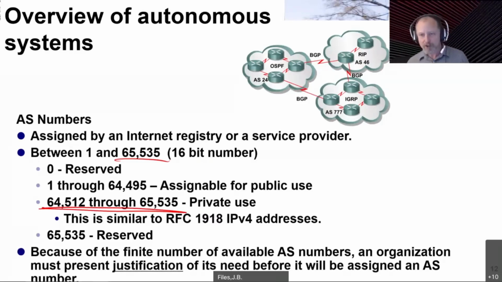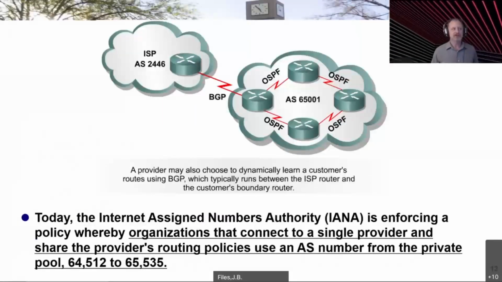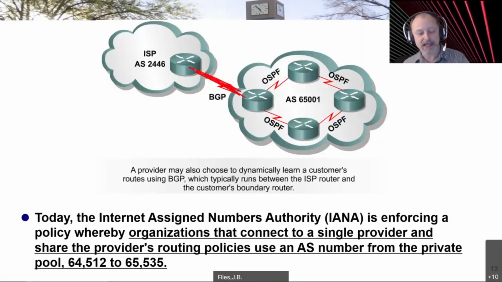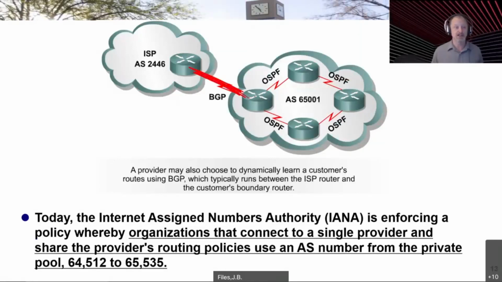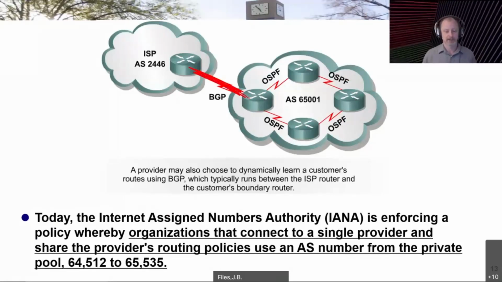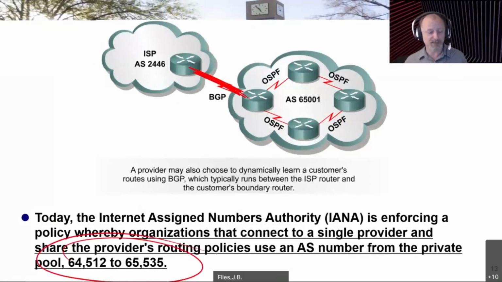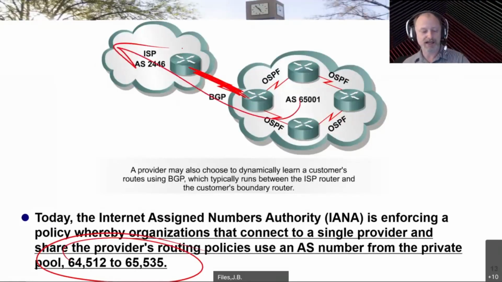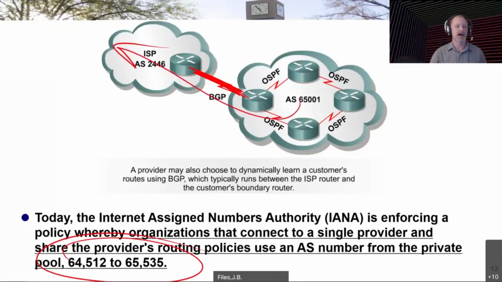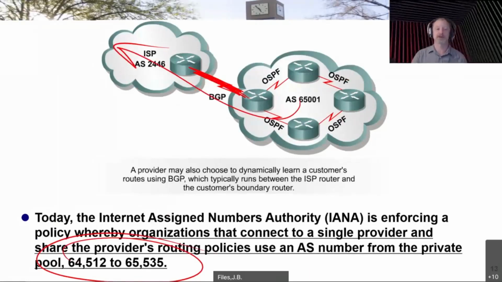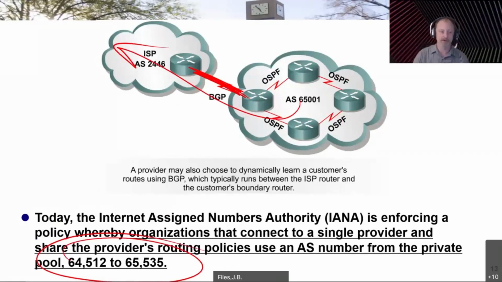If you only have a single ISP and you still want to use BGP, IANA is not going to give you one. You're just going to use the private range. And then when your stuff gets out to the ISP, you're just going to get aggregated into their autonomous system number, and the private one is going to get removed.